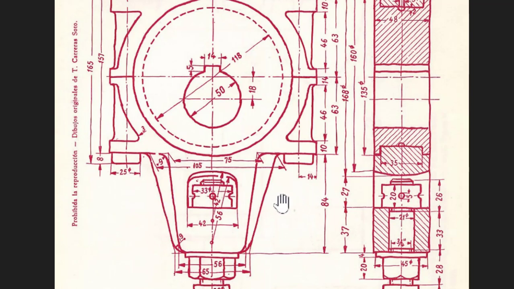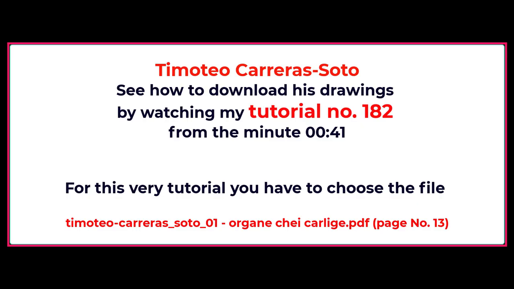I made a drawing and you will see if it is the same or similar with this one. This part is taken from Timoteo Carrera Soto drawings, and you can download it by watching the tutorial number 182.